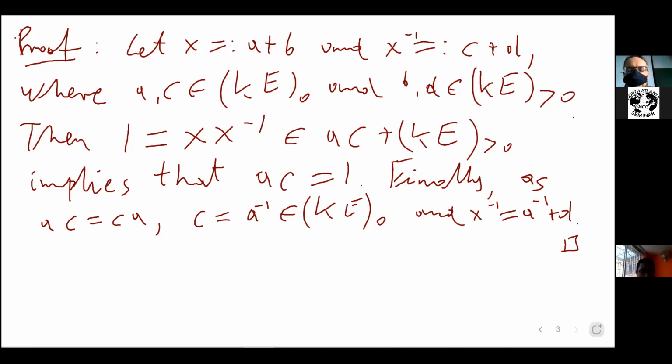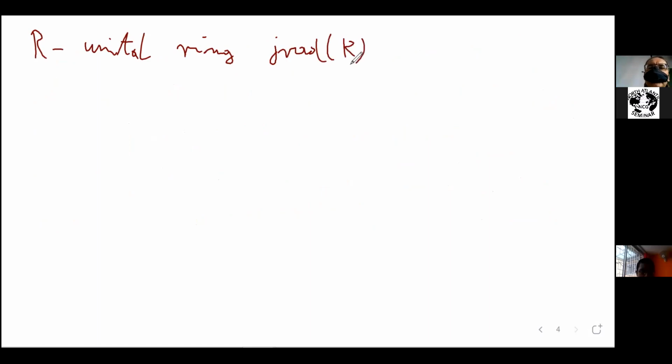Jacobson radical, but to this end, let me recall the stuff. So remember that if R is a unital ring, then the Jacobson radical of this unital ring, one of the many ways to define it, we define it like this.